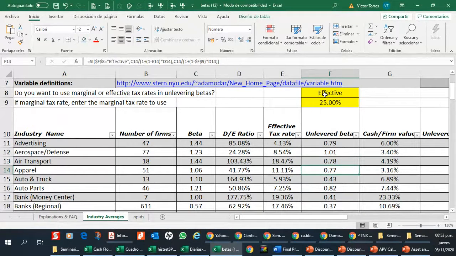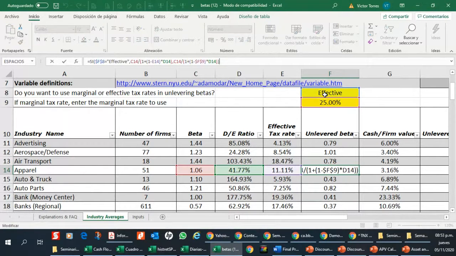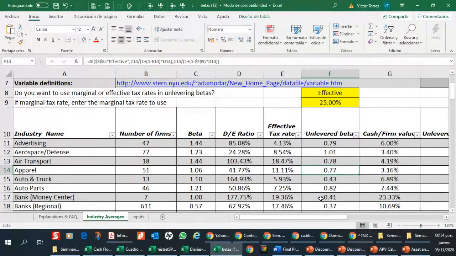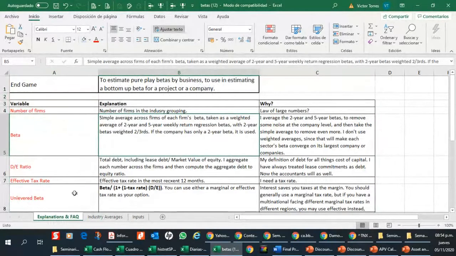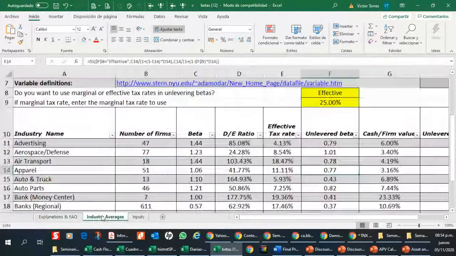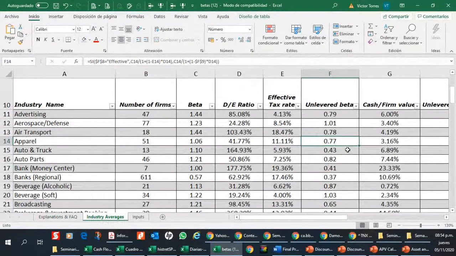The formula is no longer using this 25 for the calculation. If it's effective, it's going to be using this tax rate, the E14 tax rate, not the F9, the E14, which is the value that I wanted. This is a thing that sometimes people omit because they do not read the explanations and Q&A that he put over here on how to come up with that calculation.